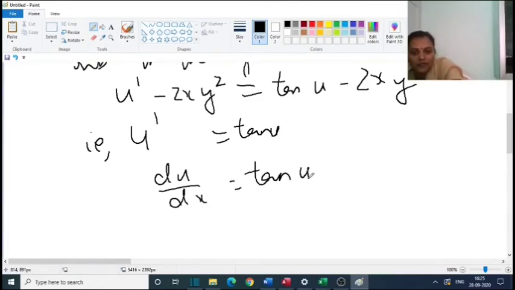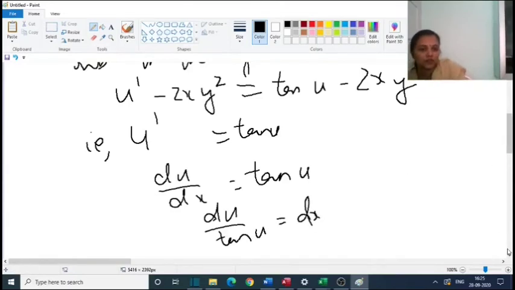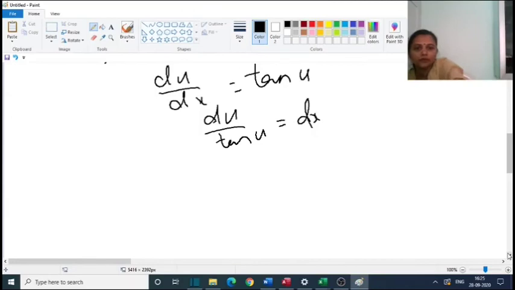Now we can cross multiply this term. So du by tan u is equal to dx, or cot u du is equal to dx. Now this is in variable separable form, so we can integrate both sides.